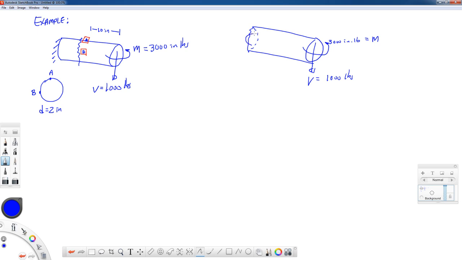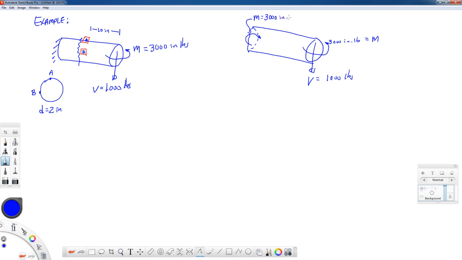Sometimes these can be tricky to draw, and it takes a little experience, but that moment again goes from left to right. If you have one of these click erasers, they're real nice. You can bend your bar left to right to see what's going on. This one's putting the near side in tension and the far side in compression. So that value of moment is the same as what we're applying to the front.